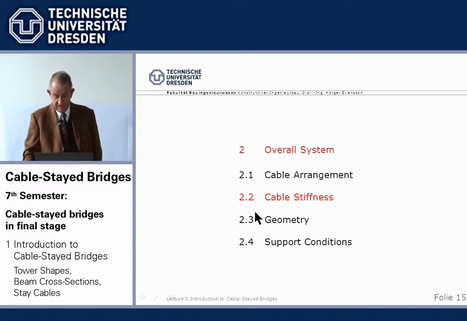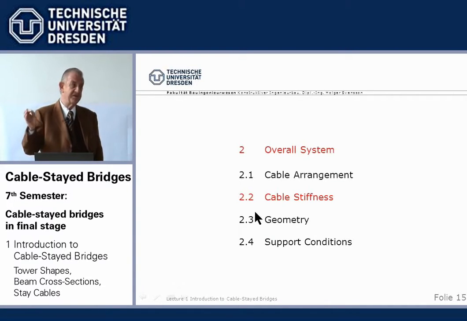Now, the stiffness of a cable-stayed bridge depends on the stiffness of the cables. The amount by which a beam deflects, if we put a load on, depends to at least 95% on cable stiffness, and only something like 5% is provided by the tower and by the beam.